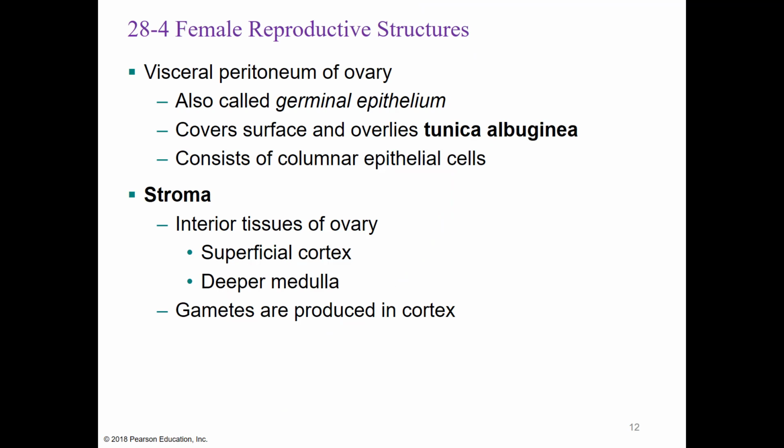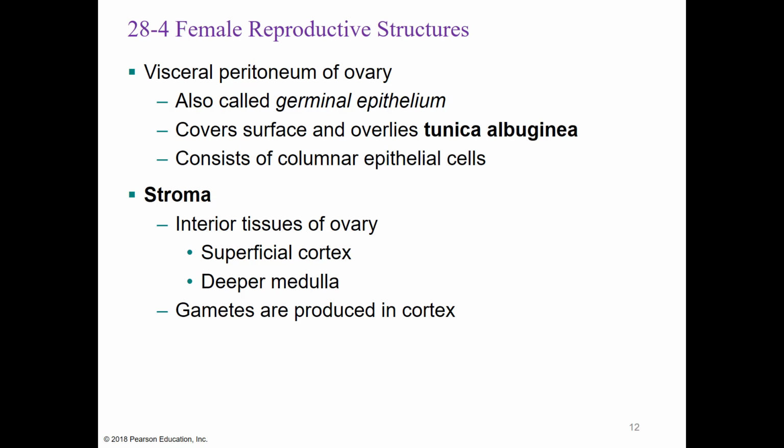So the ovaries, if we delve into them just a little bit more, are going to have their own visceral peritoneum, which is the covering on the outside of the ovary, also called the germinal epithelium. It covers the surface and overlies the tunica albuginea. Now, if you just watched the male reproductive system, you've already heard of that membrane before.